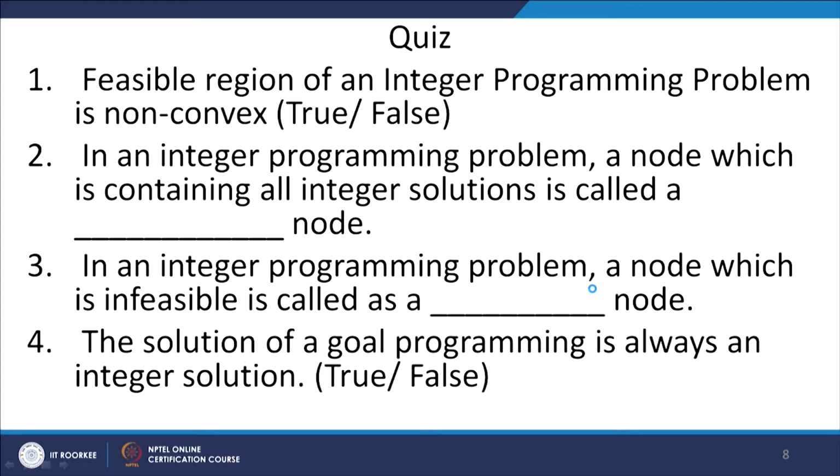Number 2, in an integer programming problem, a node which is containing all integer solutions is called a dash node.